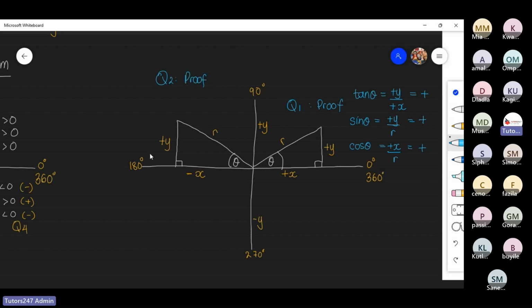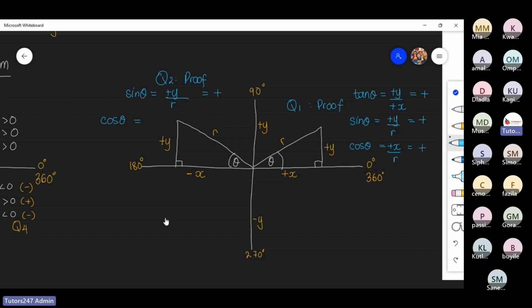So we've got sine of theta is equal to opposite, which is positive y, over hypotenuse, which is r. A positive y divided by a positive r will give you a positive answer. Next, we have cos theta. From our answer of sine, we have proved that sine is in fact positive, okay?